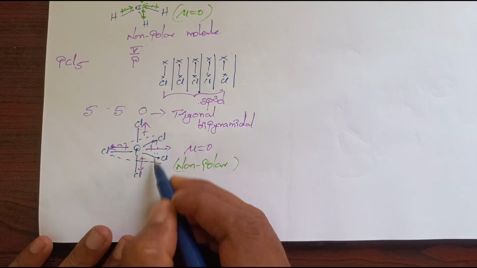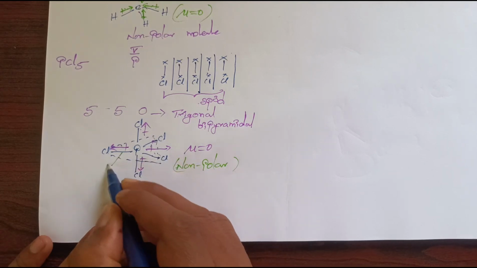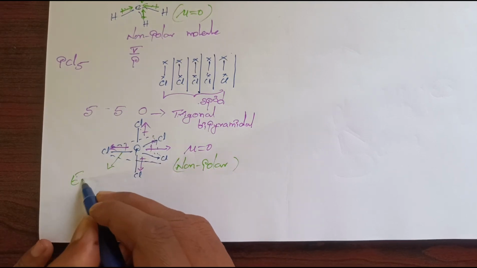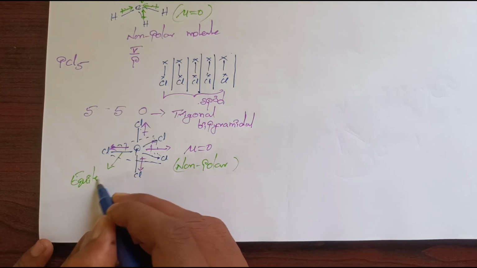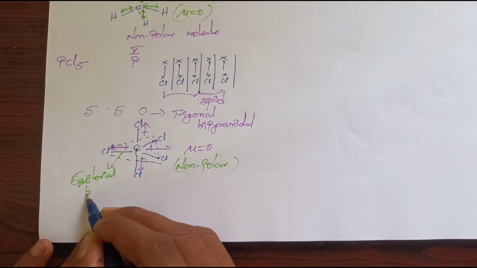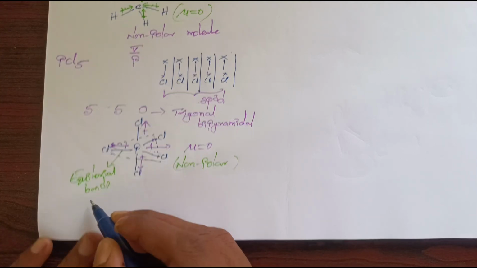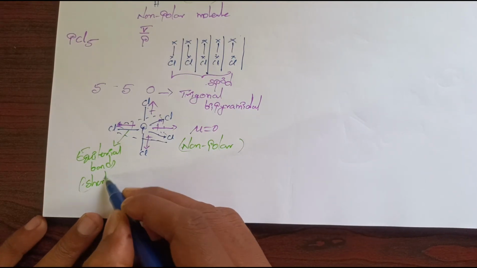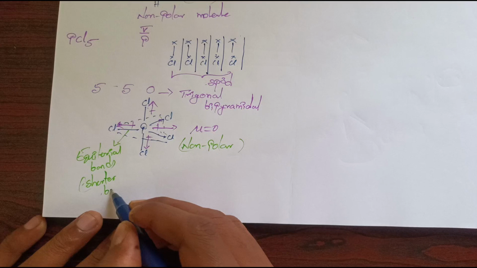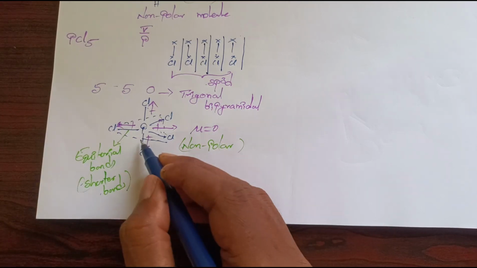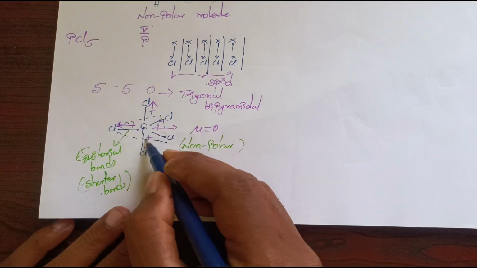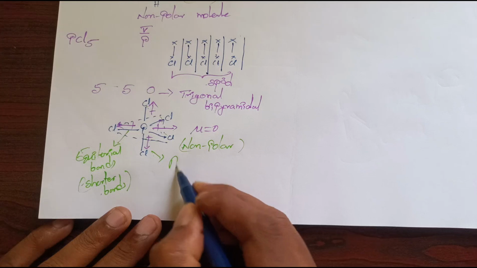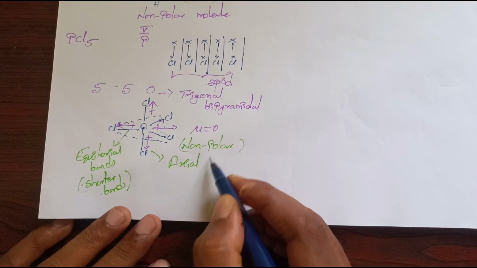One important point, yesterday I told you, in the PCl5 molecule, 2 types of bonds are present. In the trigonal planar arrangement, the bonds are called equatorial bonds. Equatorial bonds are shorter bonds. Now here, these 2 bonds are axial bonds.